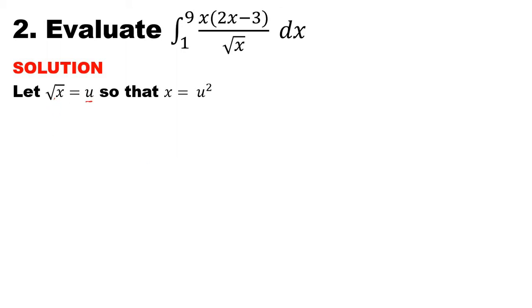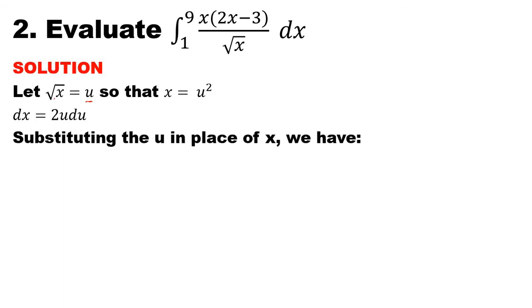If I take the square of both, I will have x to be u squared. Then if I take the derivative of x with respect to u, I will have dx to be 2u du.